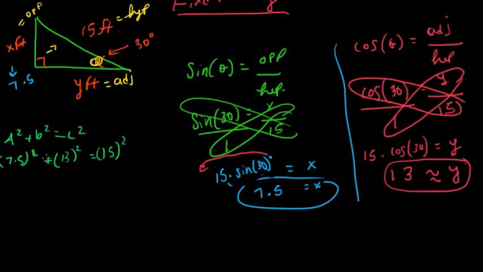Okay, well, 7.5 times 7.5 will give me 56.25. And if I add to that 13 squared, let me add that. 13 squared is 169 here.